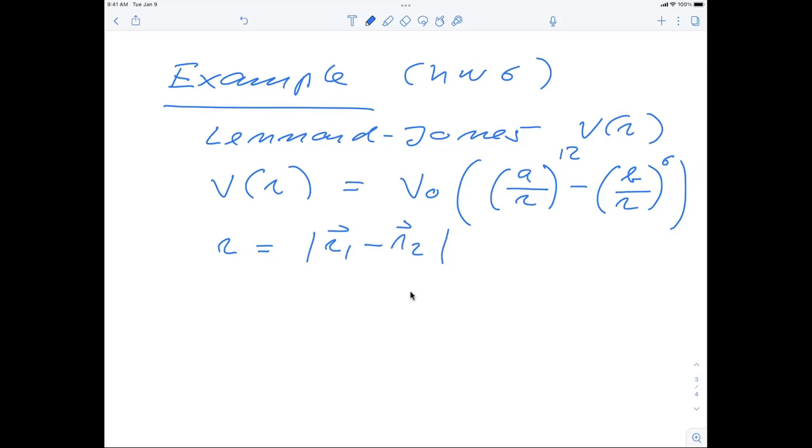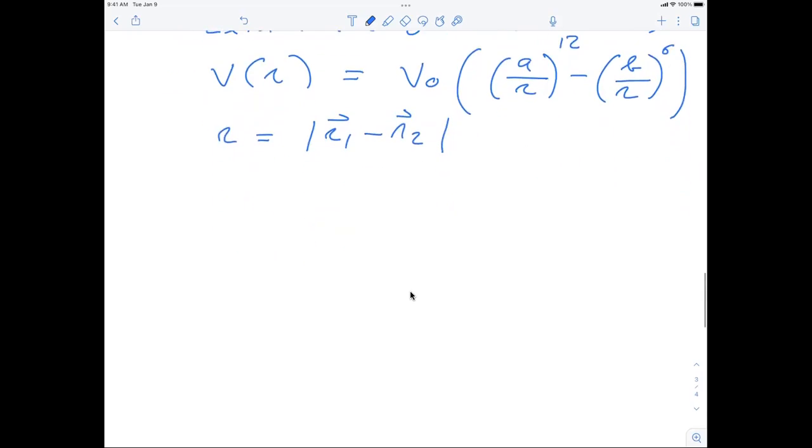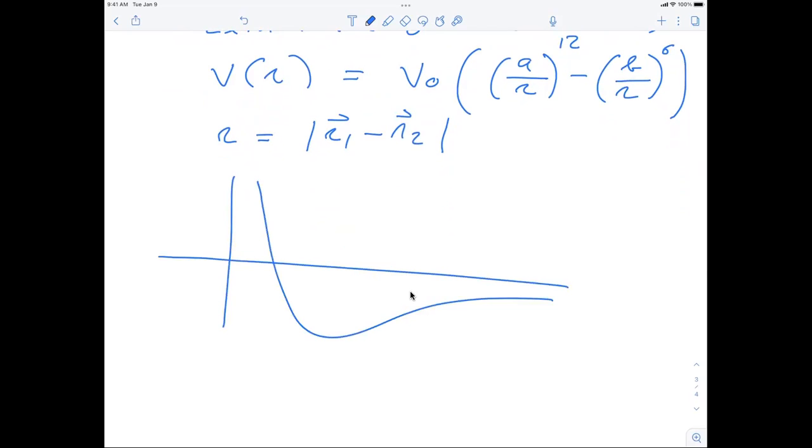So if we are using this type of potential, we can now define a Lagrangian for it, and this potential looks something like this. It has a minimum, and you may remember this from that specific homework. There's an R min, and here we would expect circular motion.